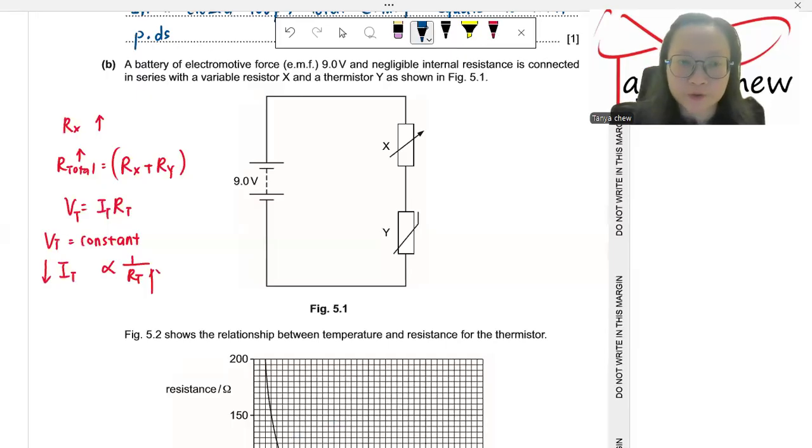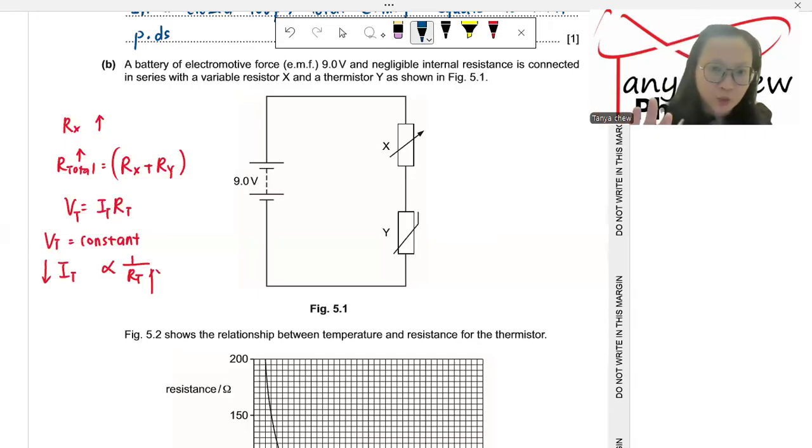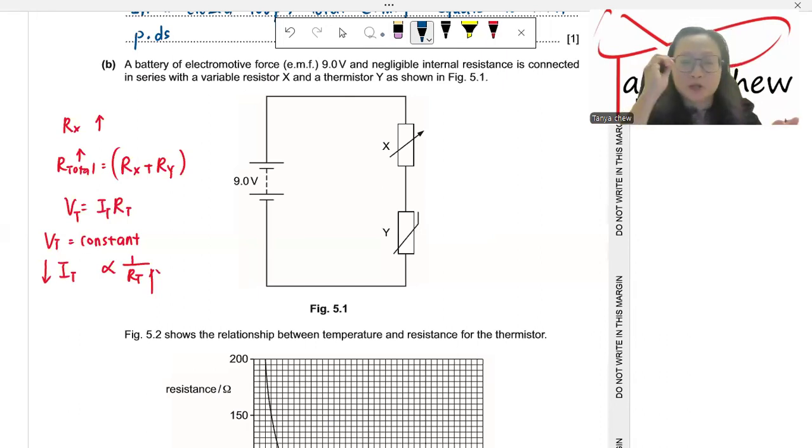If you do want to use the current to explain, you need to find the individual potential differences across X and Y. You can also do it using the potential divider concept, which is way easier. So they ask you what happens to the potential difference across Y, right? For the potential divider concept, the current is the same, and the potential divider is only valid for a series circuit.